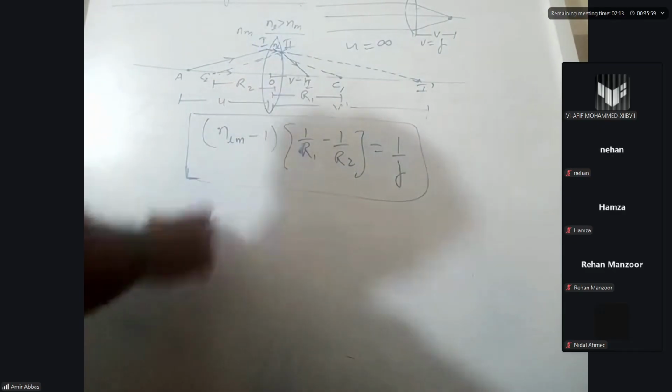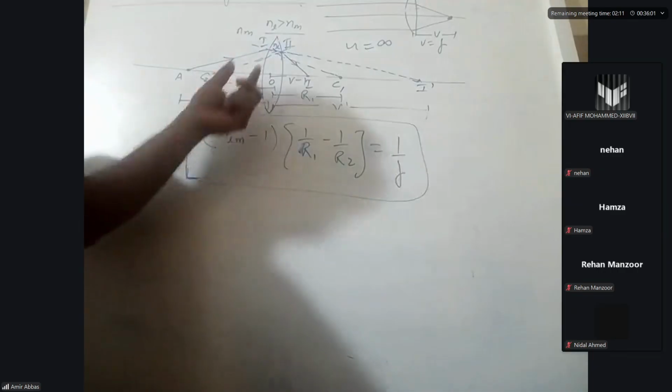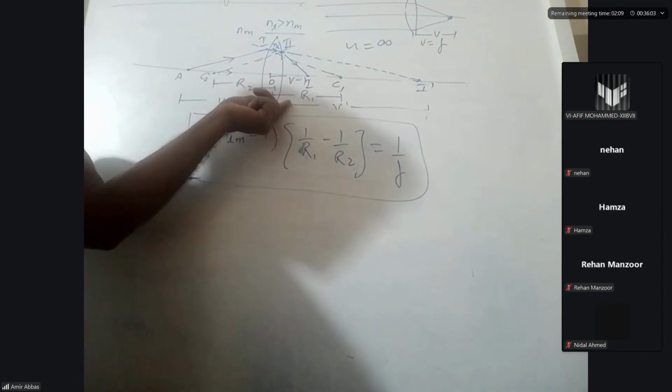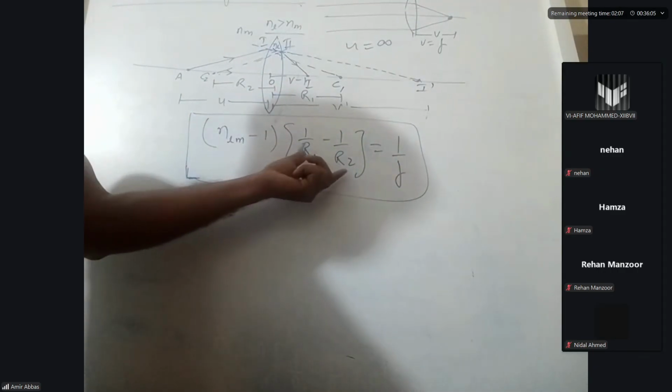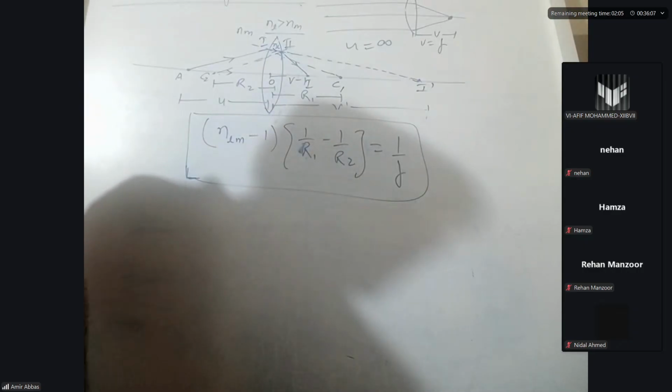It is called the lens maker formula because the lens is bounded by two curved surfaces, this lens or any curved surfaces, then it will become like this.